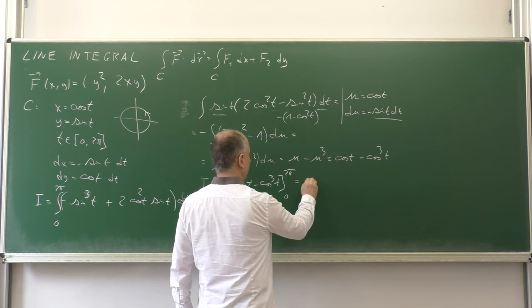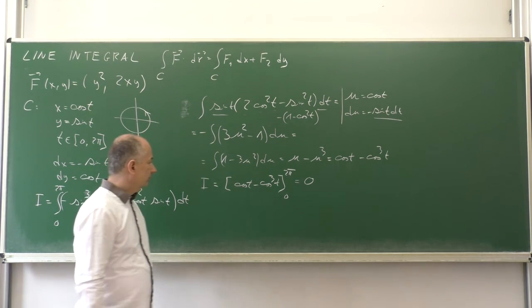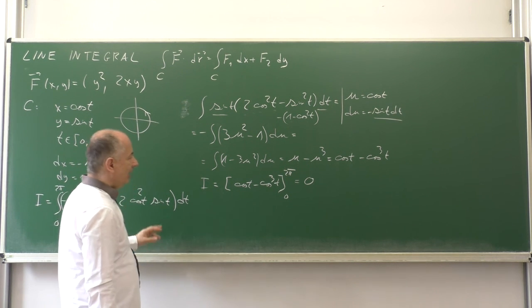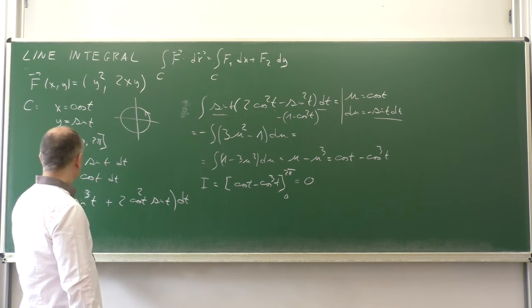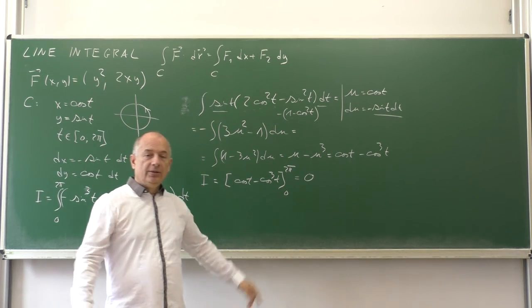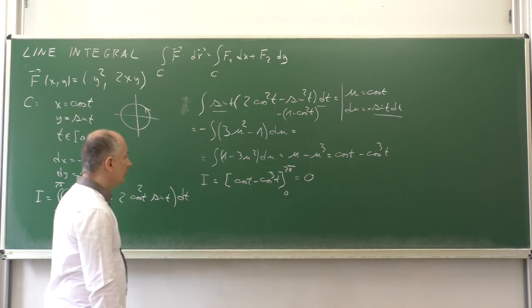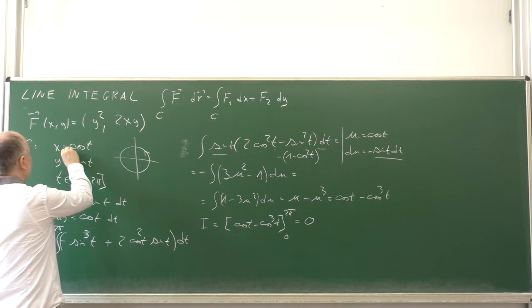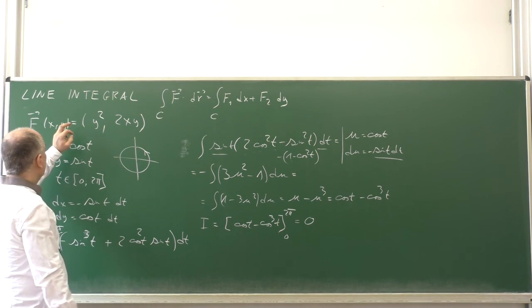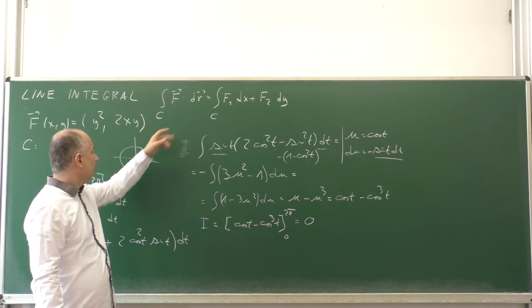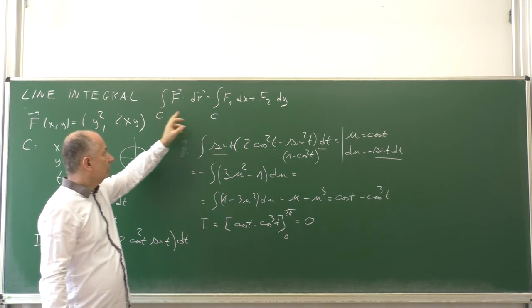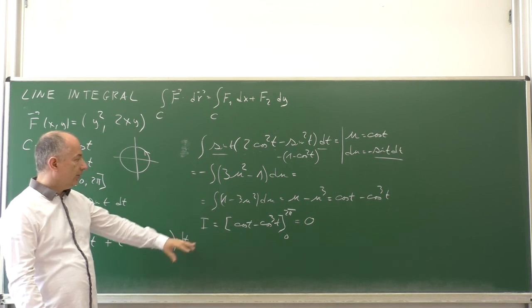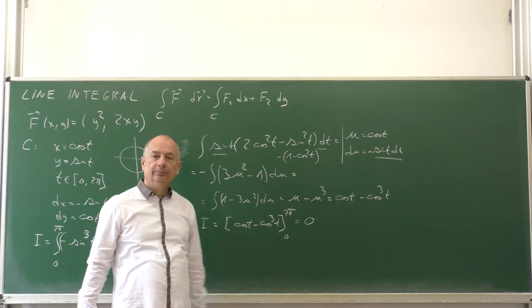So we subtract two equal values, which happen to be 0 in this case even, but the result is 0. That's the first approach to this integral. Once again, we have some curve, we have some parameterization, we have the given vector field, and we use direct substitution, and we evaluate this integral by combining all these steps. And here's the result. Okay, finished.